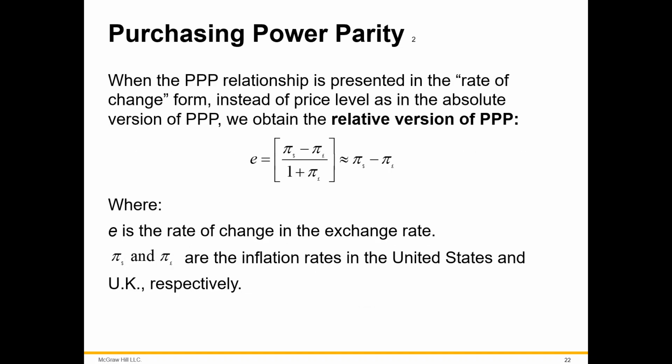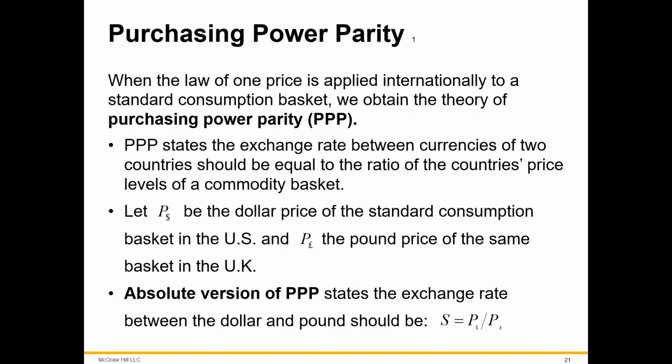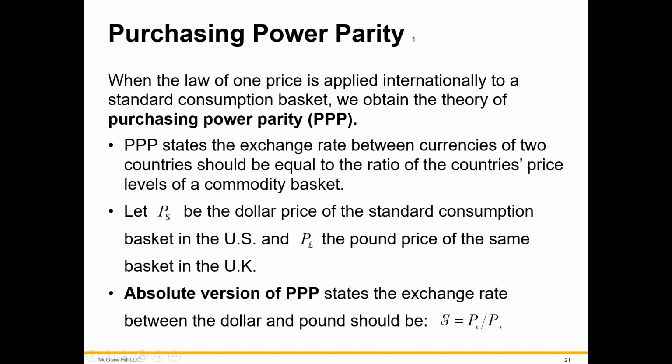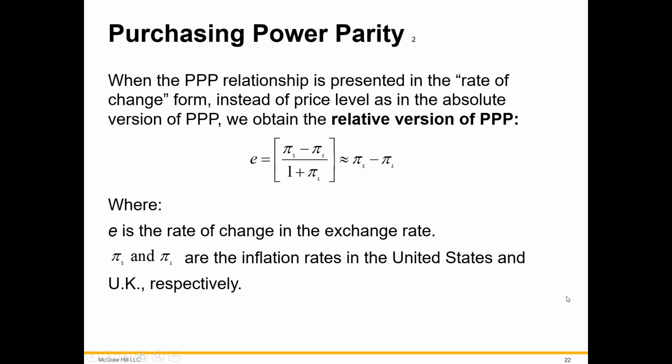Okay, so now we get into sort of this. That's absolute PPP. So taking that thinking, we can think about it in a relative sense. So think about changes, right? Since the spot exchange rate should be roughly equal to the purchasing power parity ratio, if there's changes in prices, those changes in prices should show up as a change in the exchange rate.